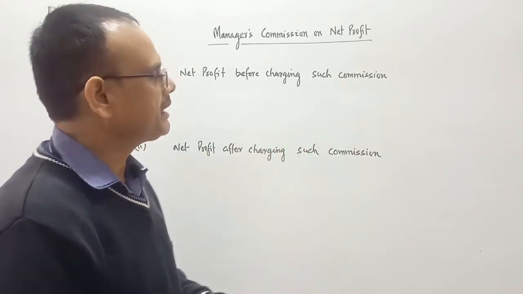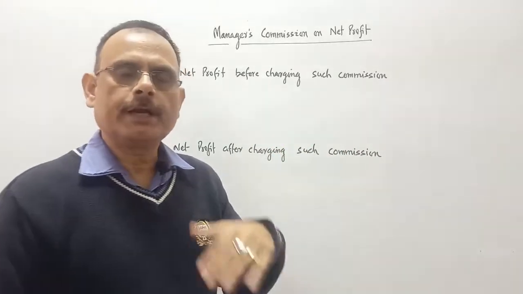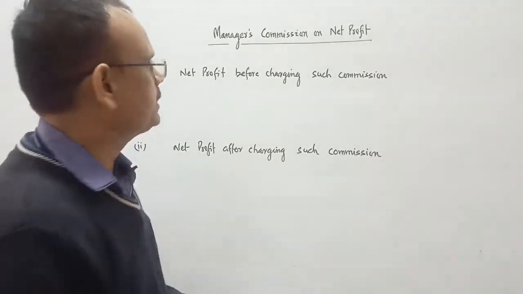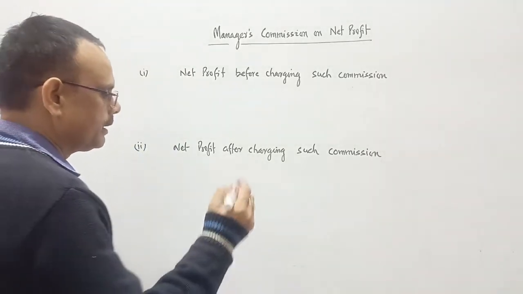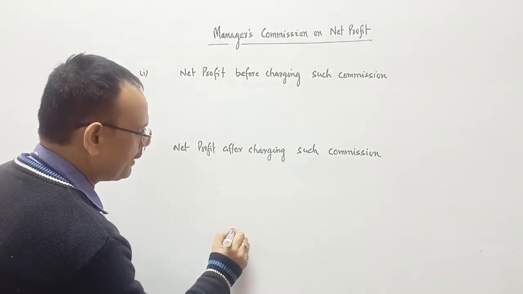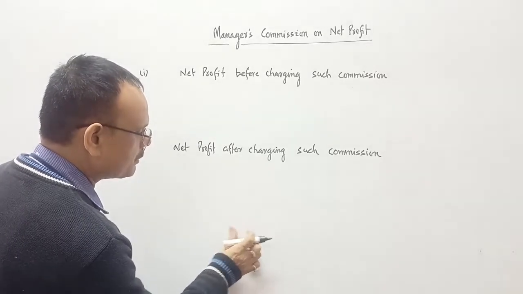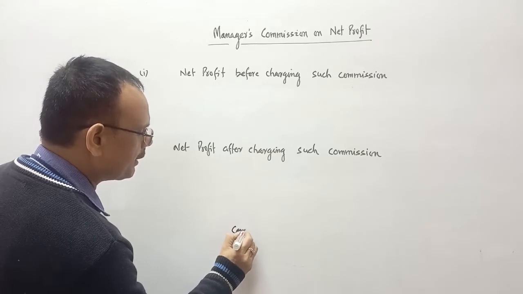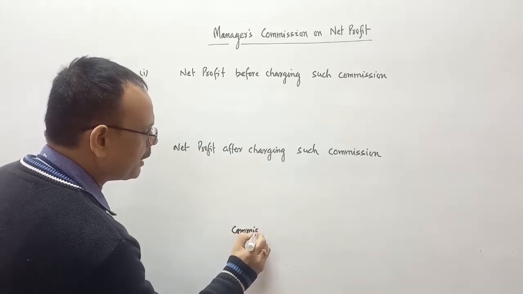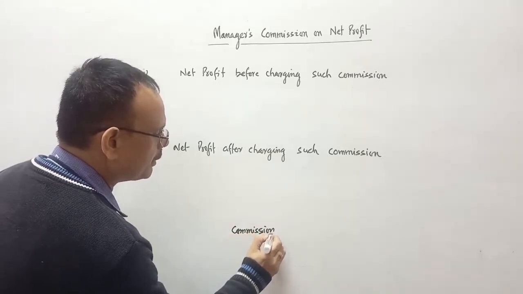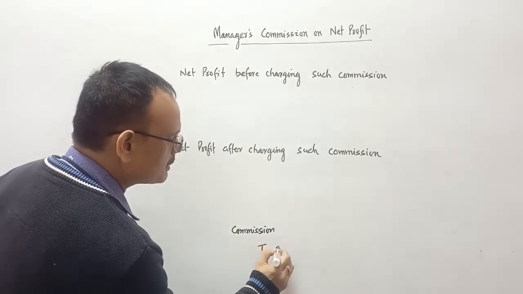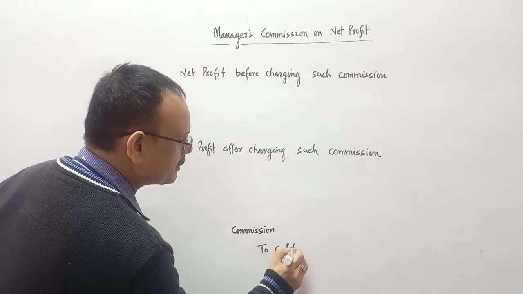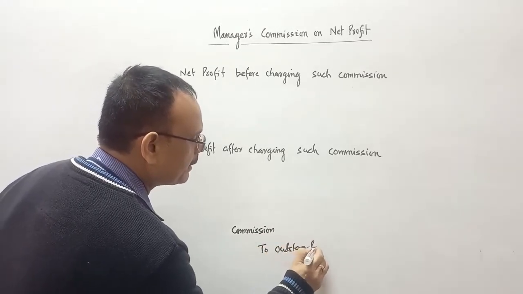You know that when we are going to allow the commission to the manager, the entry will be manager's commission account debit. We are not going to write the manager's commission account debit to the manager, but to outstanding manager commission.